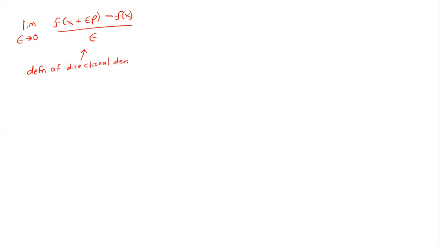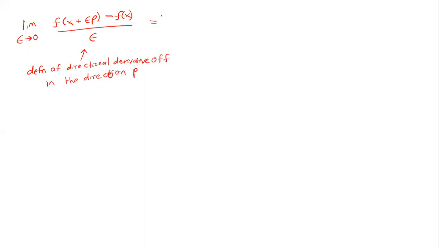And so we could say that if we take this limit as epsilon goes to 0 of f of x plus epsilon p minus f of x over epsilon, notice that this is the definition of a directional derivative of f in the direction p.